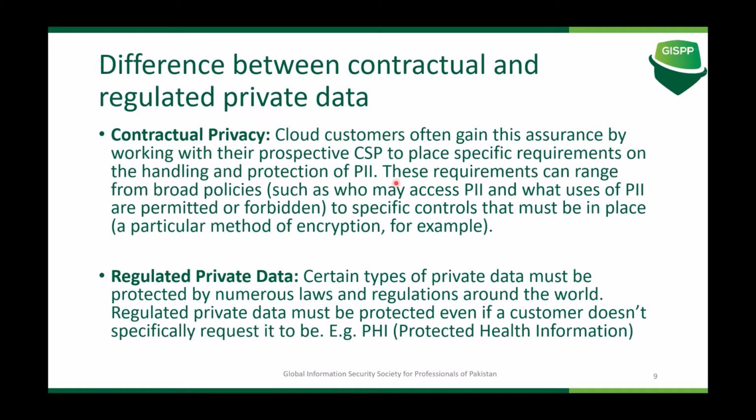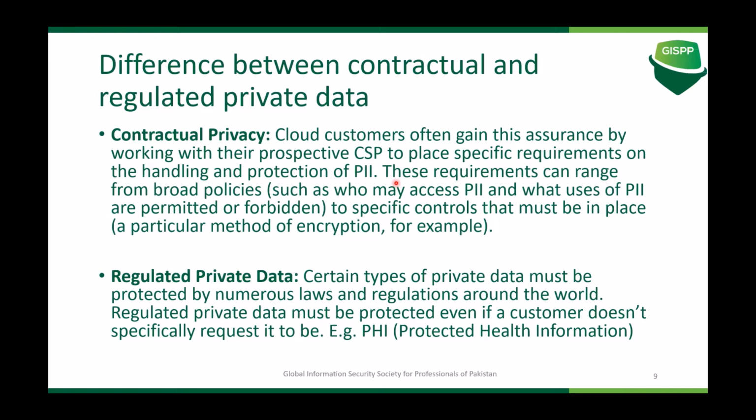Now, when we talk about privacy, what is the difference between contractual and regulated private data? So privacy, we can divide into 2 aspects of it. One is contractual privacy. So cloud customers often gain this assurance by working with their prospective CSP to place specific requirements on the handling and protection of PII.